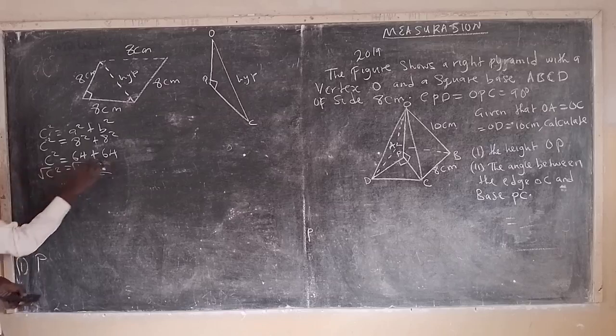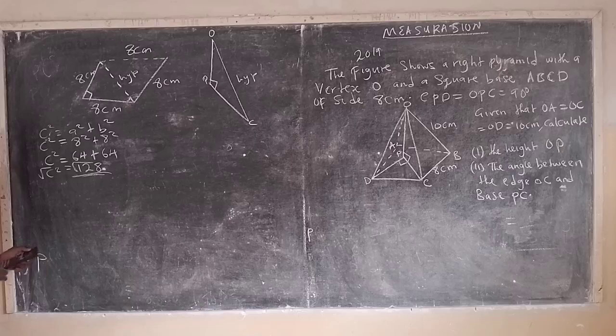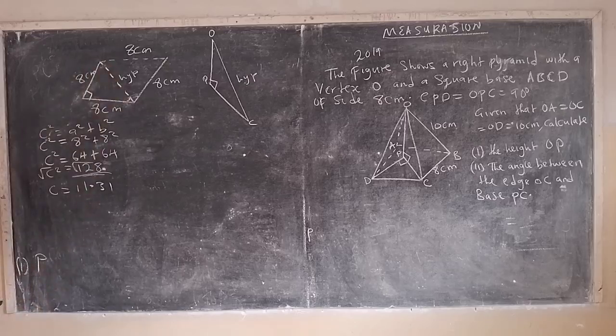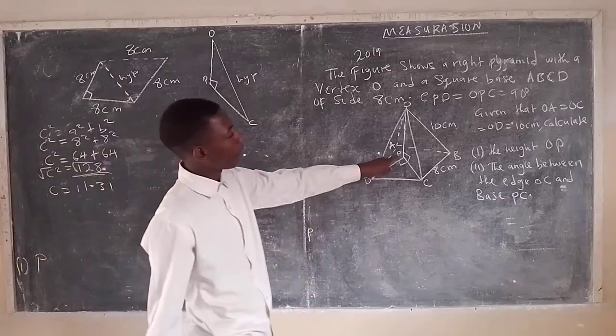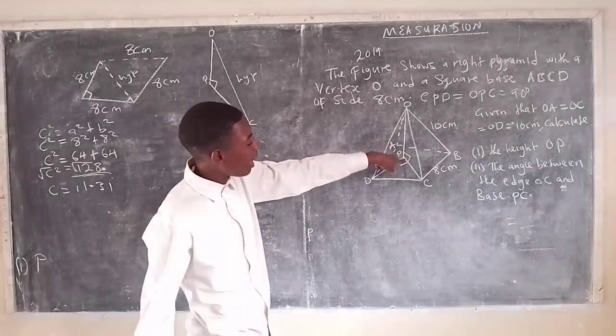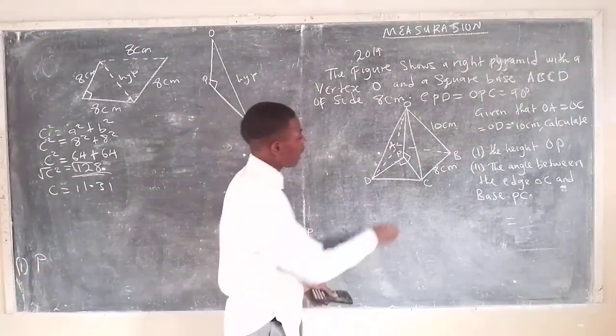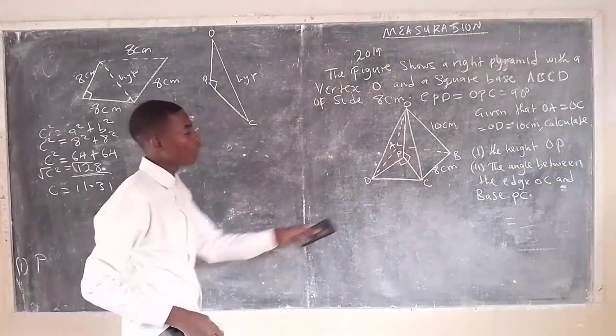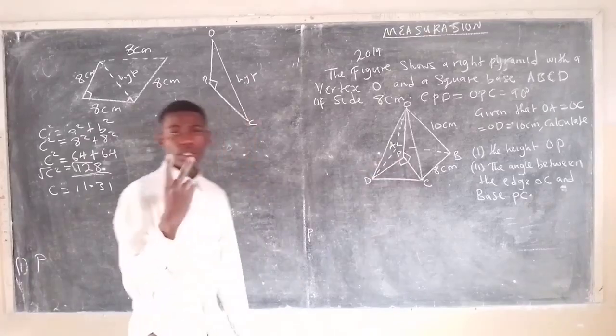Finding the root of 128, we get c equal to 11.31. So this hypotenuse is equal to 11.31. As you can see, P, since it is the vertical height, should be at the center of the shape. So from here up to here, it is equal to 11.31. In order for us to find PC, we need to divide by 2.